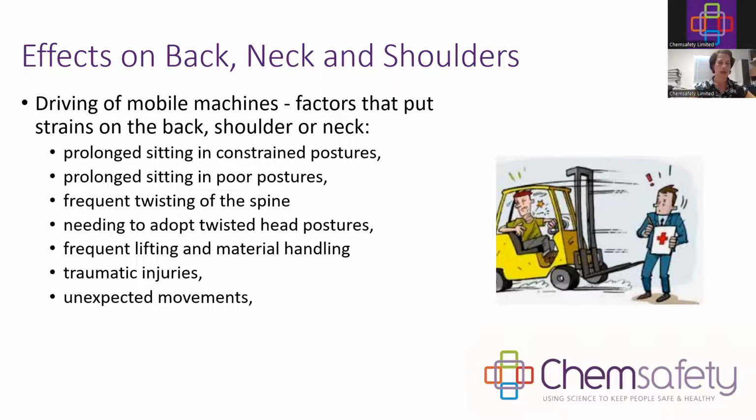And then also frequent twisting of the spine. That is typically if you're operating a forklift that doesn't have a rear view mirror and you have to look behind you the entire time. The repetitive action can lead to a repetitive strain injury.